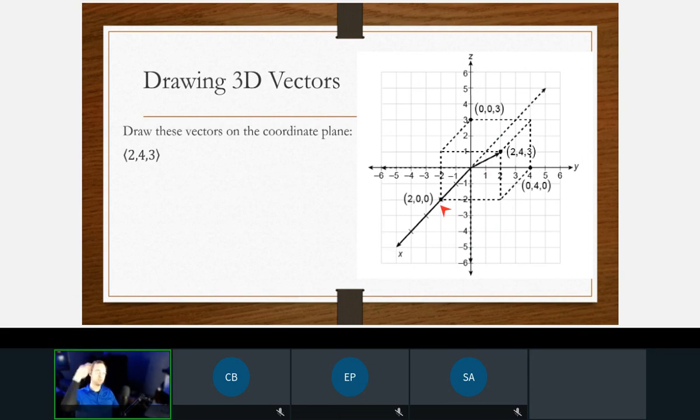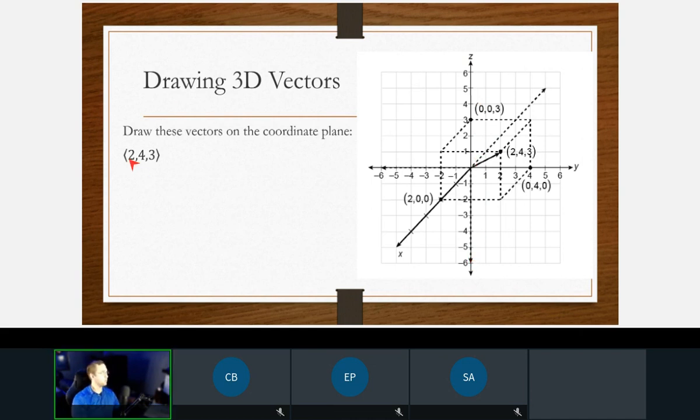Towards you is positive. Forward towards the wall in front of you would be negative. So that is your x-axis. Your y-axis is the one that's left and right, positive being right, negative being left. And then your z-axis is up and down. So going up is positive, going down is negative.